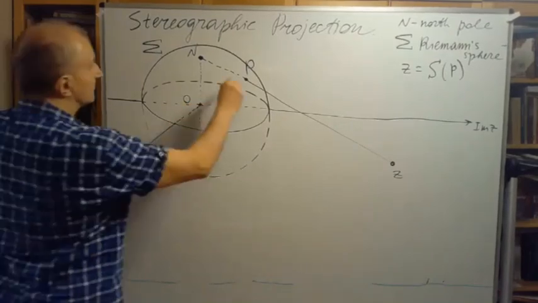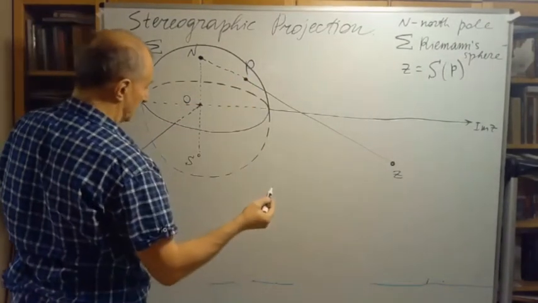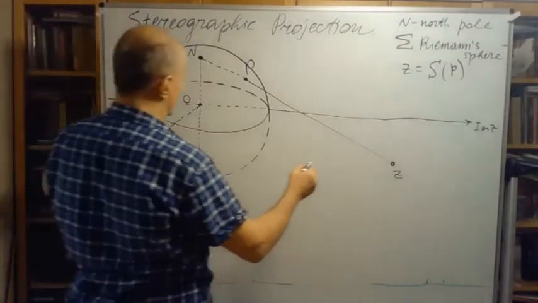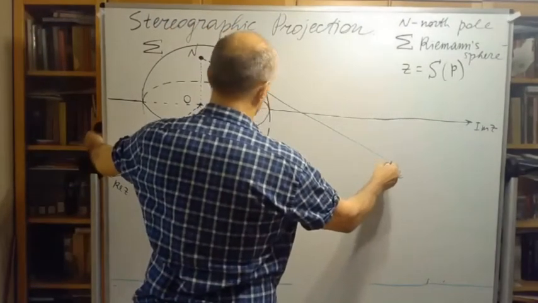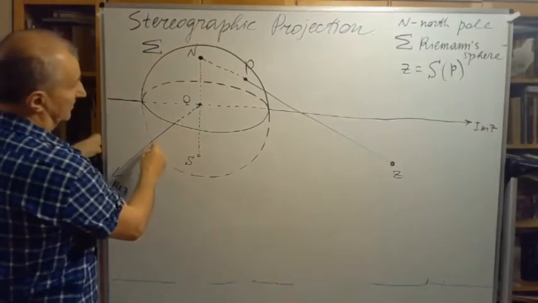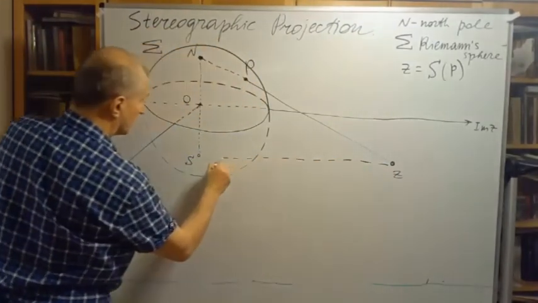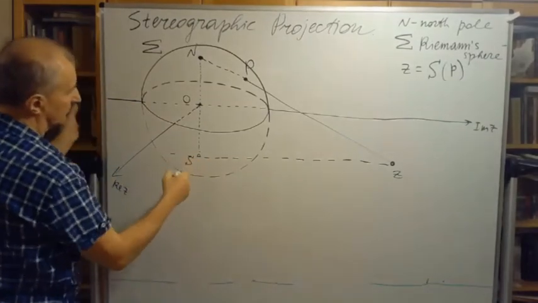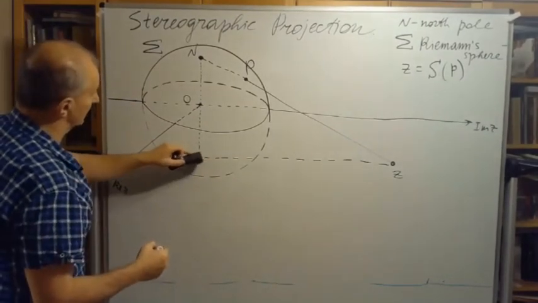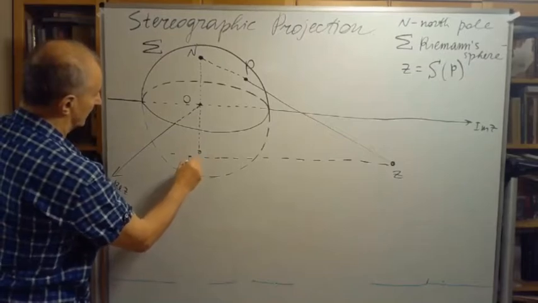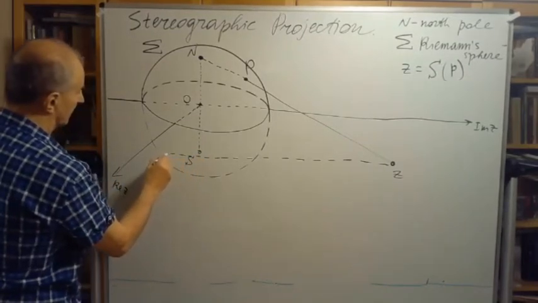Now, Z is a complex number, of course, it lies in the complex plane, so if I draw a line parallel to the y-axis, it doesn't have to go through the south pole, you can draw the south pole somewhere here. Just a coincidence.